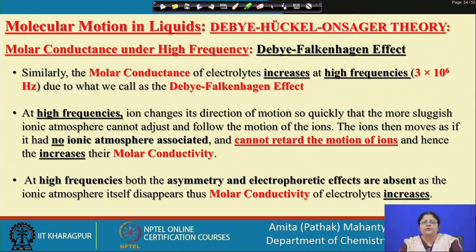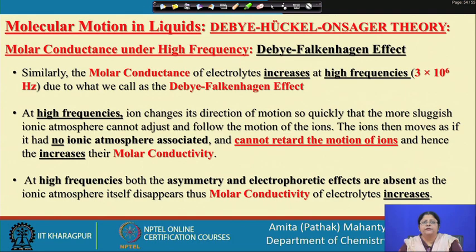So, what happens when you have a high frequency in the order of 10 to the power 6 hertz? That means we are going to see the Debye-Falkenhagen effect when we have the frequency in the order of megahertz.